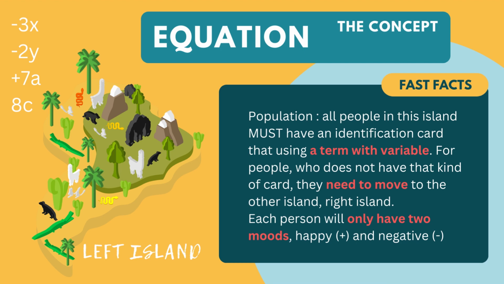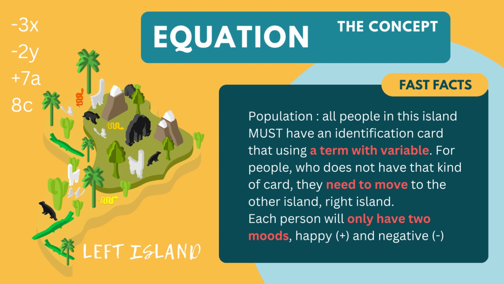If a person has an identification card using that kind of term, then they are okay to stay on the left island. But people who don't have that kind of term on the identification card need to move to the other island.